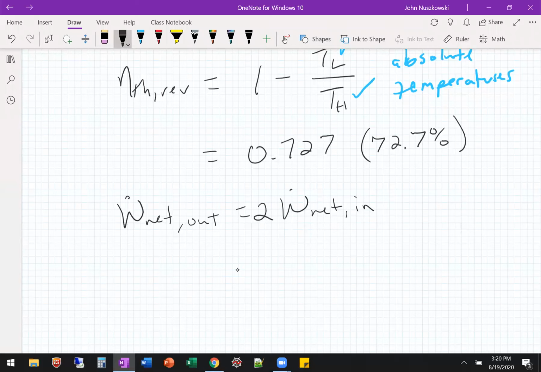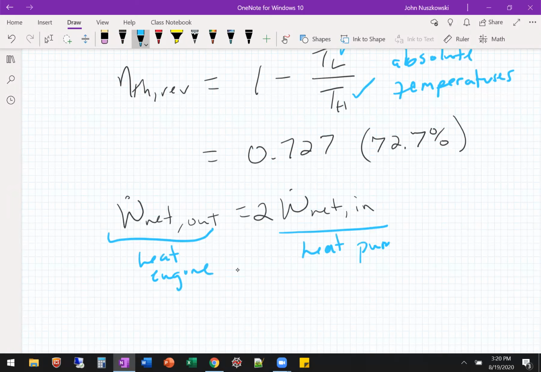From the givens, right in the problem, it says half of the work net out of the heat engine, which is this one, heat engine, goes to the heat pump. So that means we would have twice that value of what's actually coming out of the heat engine, right?